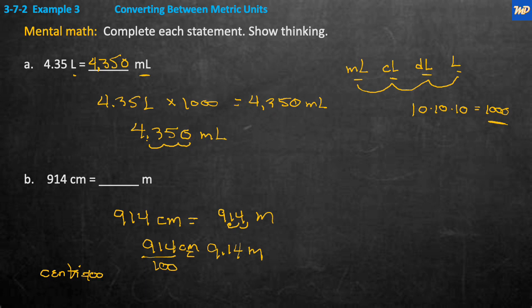A centi is equal to 100. Here's a centi right here, this 100 is a centi, if you want to think about it. Well, then if we do that, we have a centi. I'm going to put a C right here over a centimeter. These two cross out, and you're left with a meter. Just a little game playing here. Anyways, just something to think about. 9.14 meters. Okay?